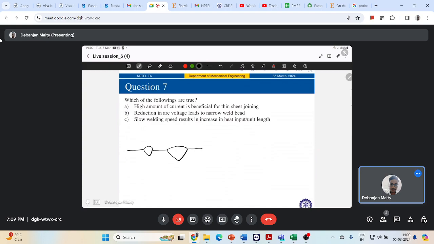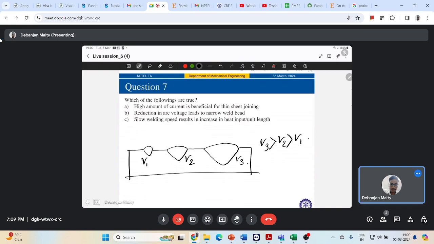This is another weld bead. This is much wider. The depth also is there. So if this is done at V1, this is done at V2, this is done at V3. V3 is the highest one. So increase in arc voltage will cause this porosity and scattering.